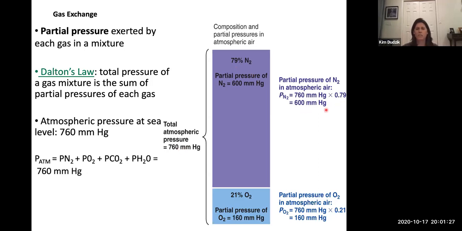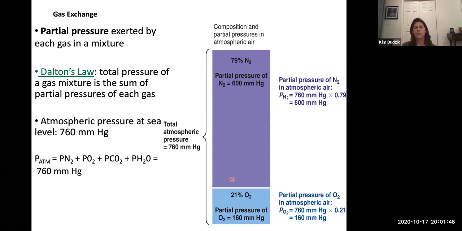So nitrogen's partial pressure is 600 millimeters of mercury. That means in the total atmospheric pressure of 760 millimeters of mercury, 600 millimeters of mercury of that is coming from the pressure of nitrogen.